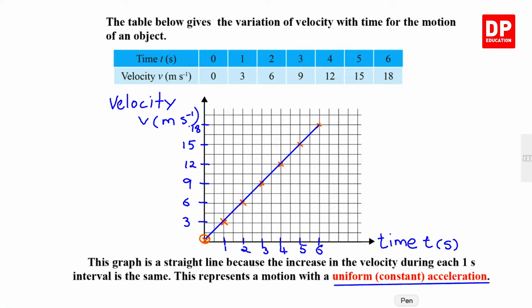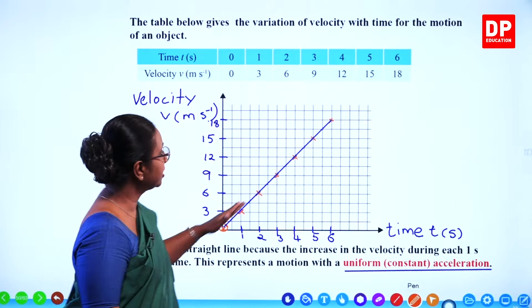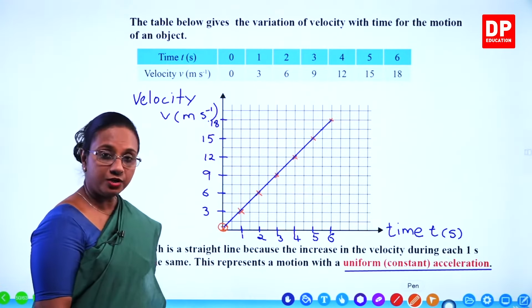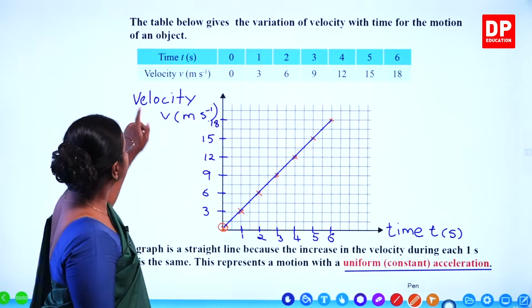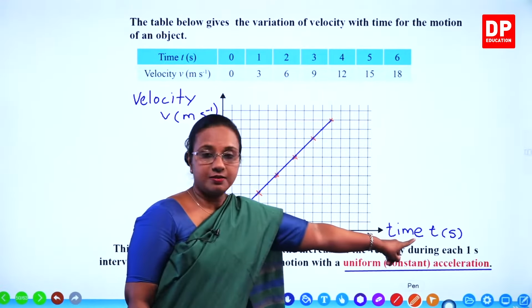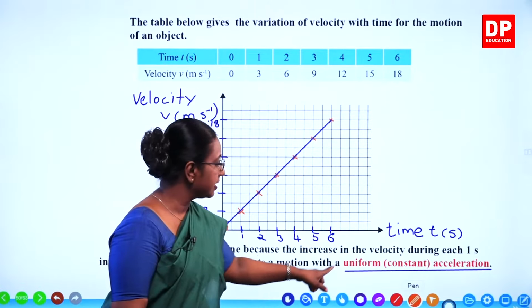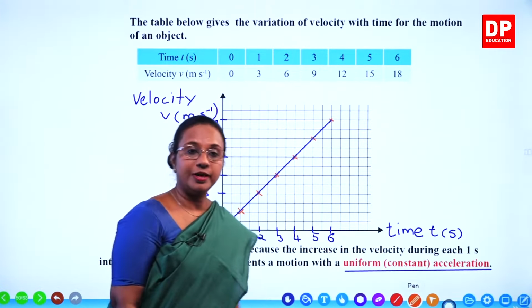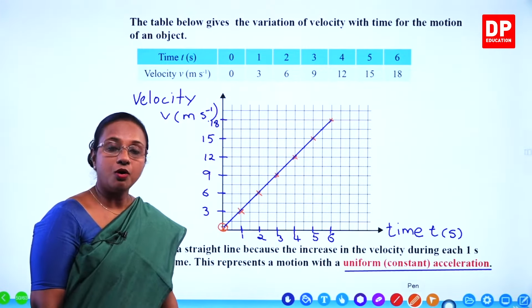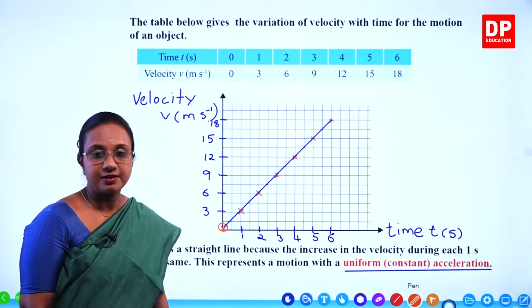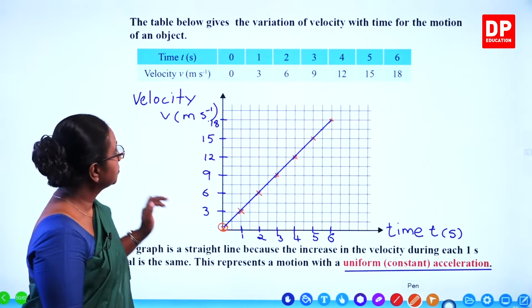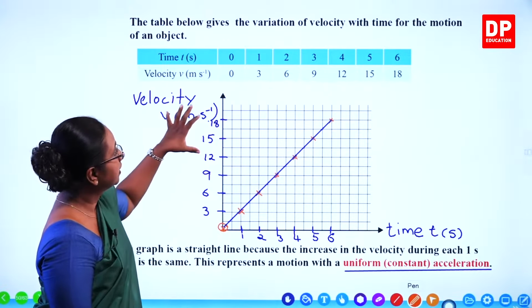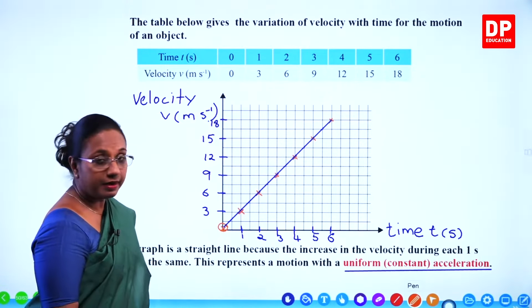So remember students, when you get a straight line going through the point of origin in a velocity time graph, it means the object is moving with uniform or constant acceleration. So this is from calculating the gradient.